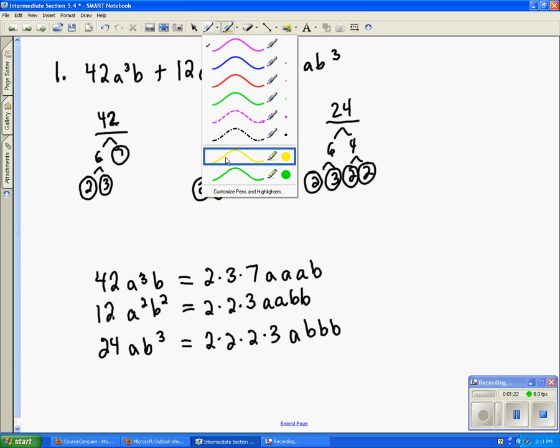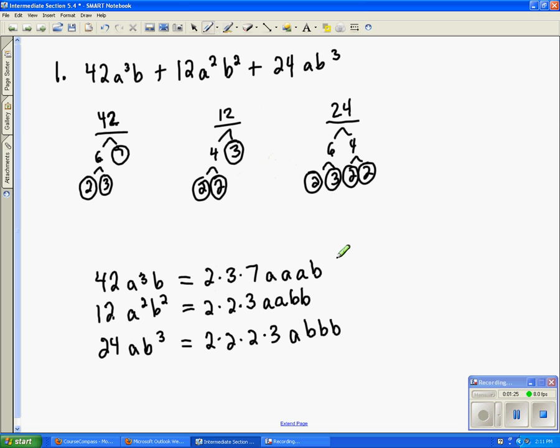And then next, greatest common factor says what do they all have in common? They have a 2, they all have a 3, they all have an A, and they all have 1 B. So my GCF, my greatest common factor, is going to be 2 times 3 times A times B. So I'm going to use a 2, a 3, an A, and a B, and I multiply that out.